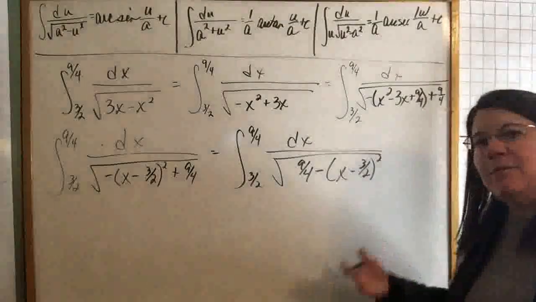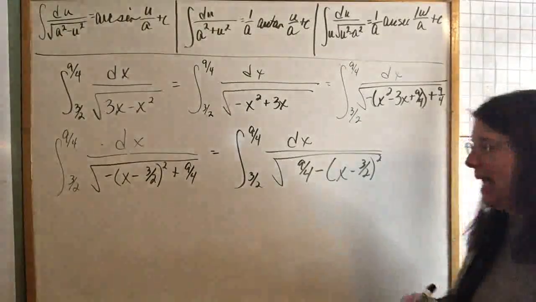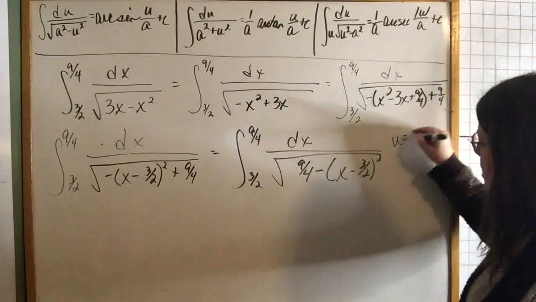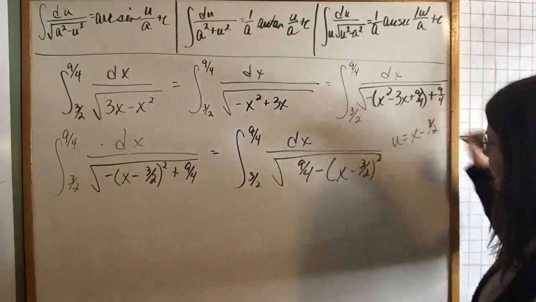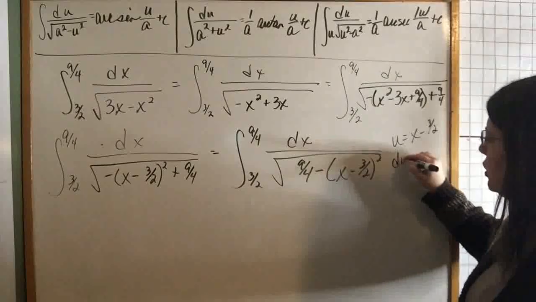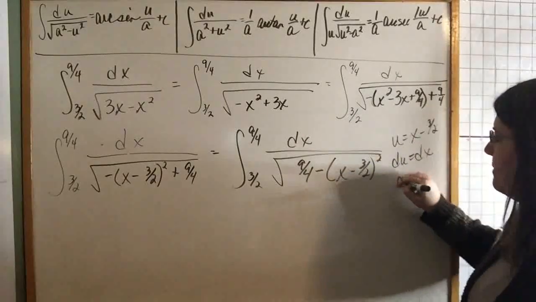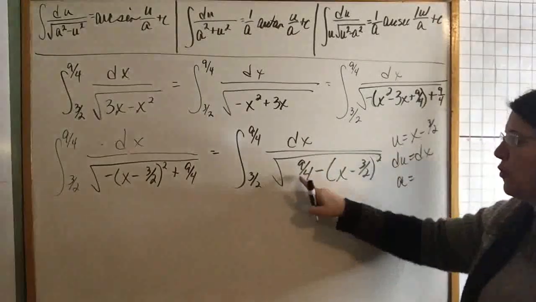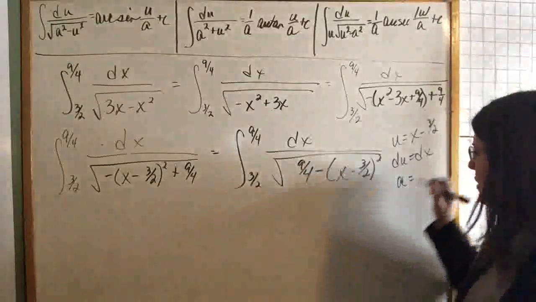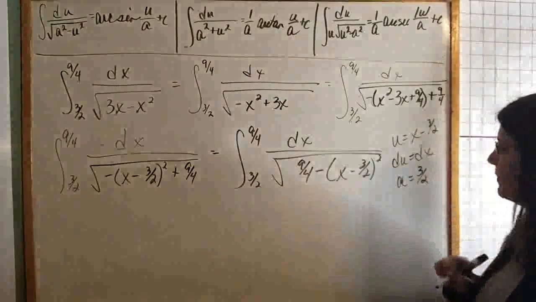Now if I name my u, my du, and my a: u is going to be x minus 3/2, du is going to be dx, and my a value is going to be the square root of this number, which is 3/2.